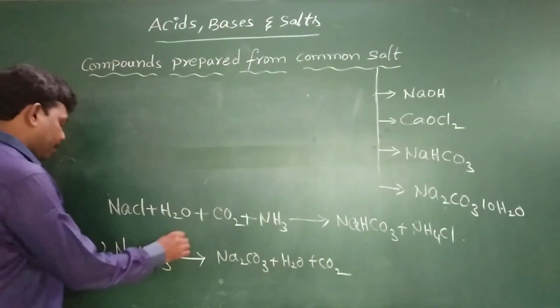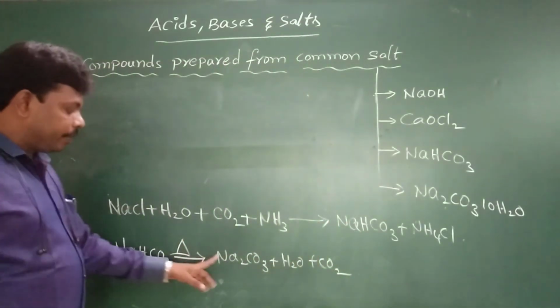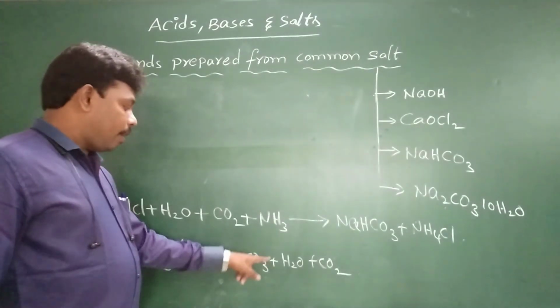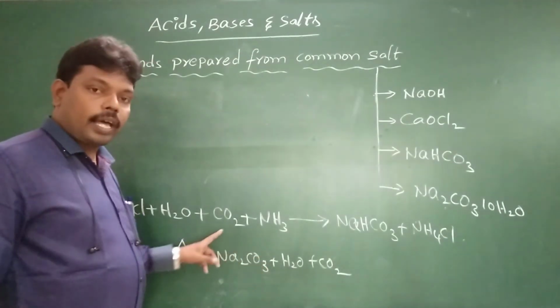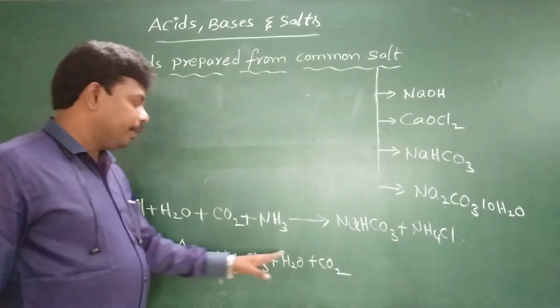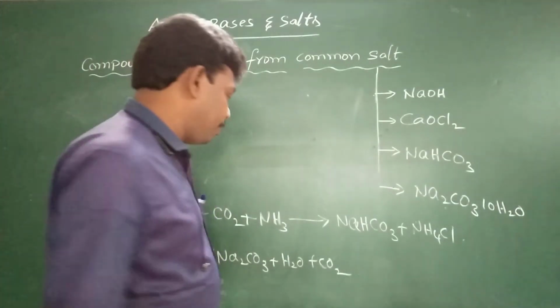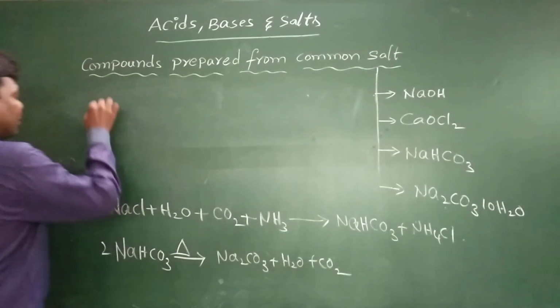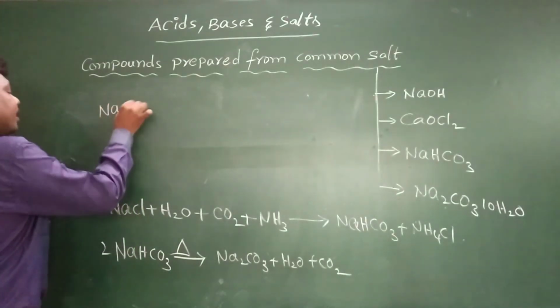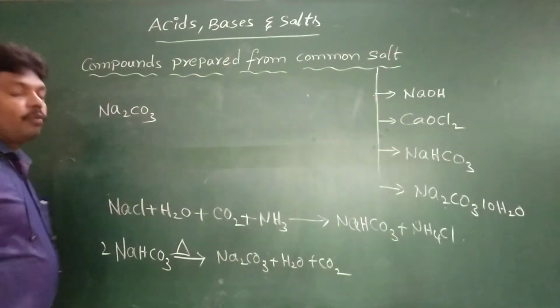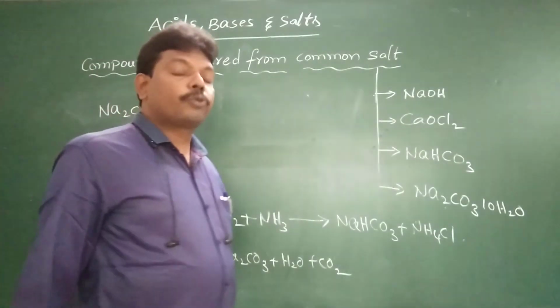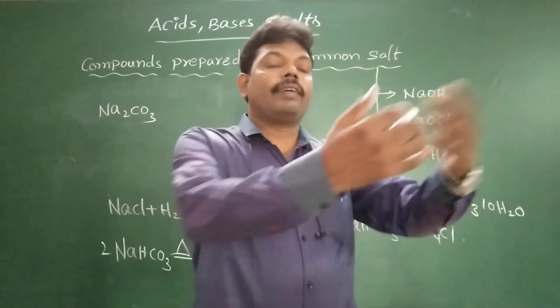When you heat this baking soda, it gives sodium carbonate, and now this is called soda ash. Sodium carbonate, water, and carbon dioxide are formed. Now take this Na2CO3, dissolve in water, prepare a supersaturated solution and leave it aside.